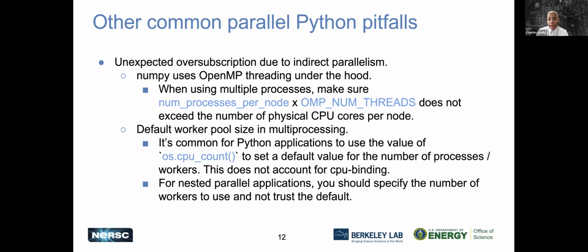By default, Python applications will use the CPU count for getting the number of processes, but that doesn't necessarily account for any CPU binding. So it's important to specify the number of workers you need to use as well. And this is another opportunity where you could also use our handy script generator that Lippy mentioned in navigating NERSC.